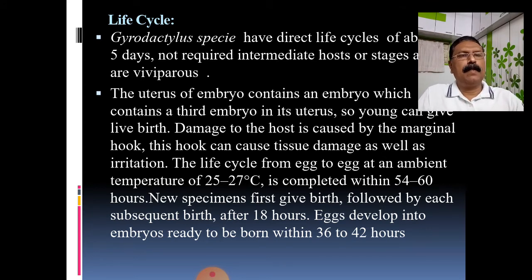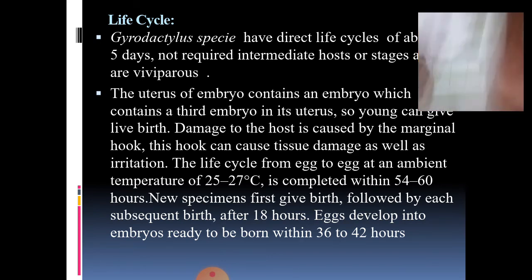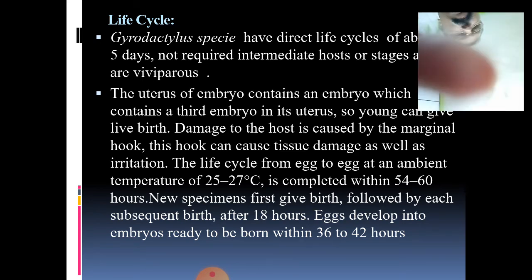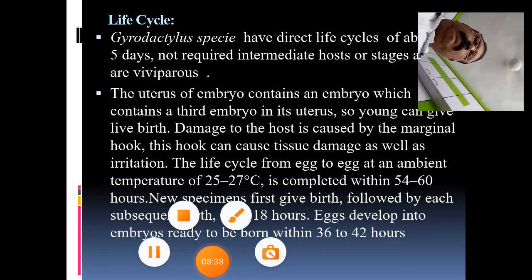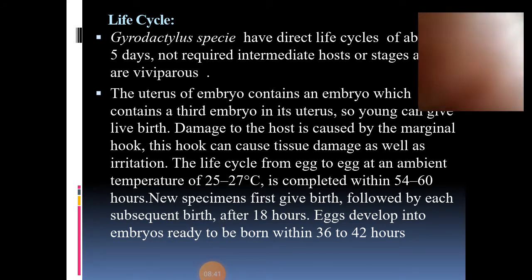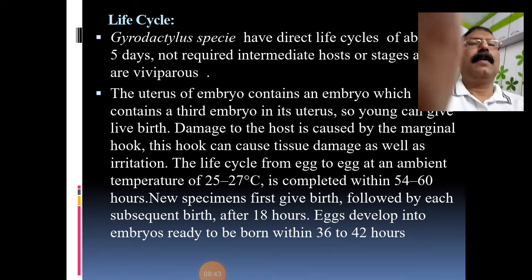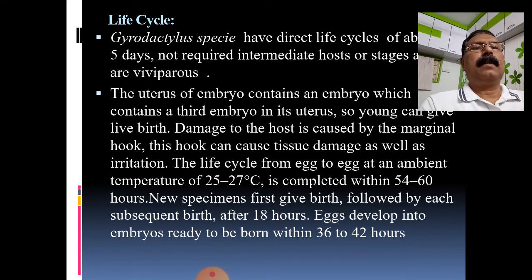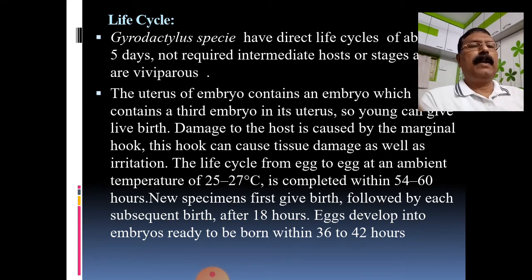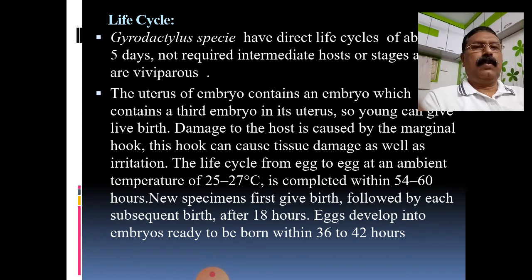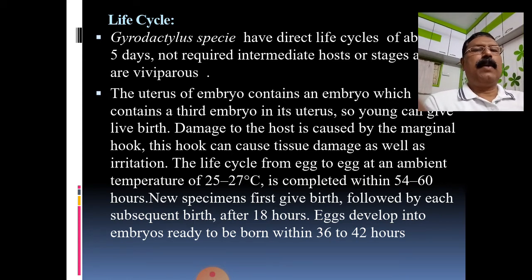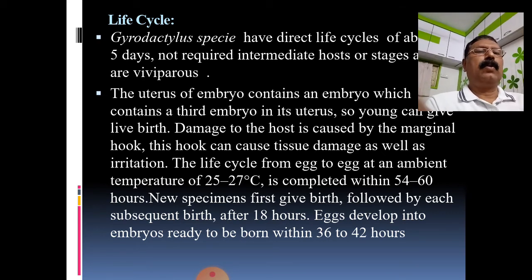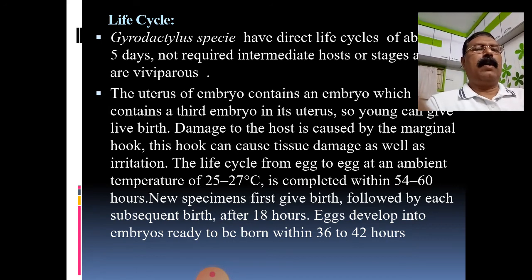And this life cycle is completed within 54 to 60 hours. A new specimen first gives birth to a young one, followed by each subsequent birth after 18 hours.